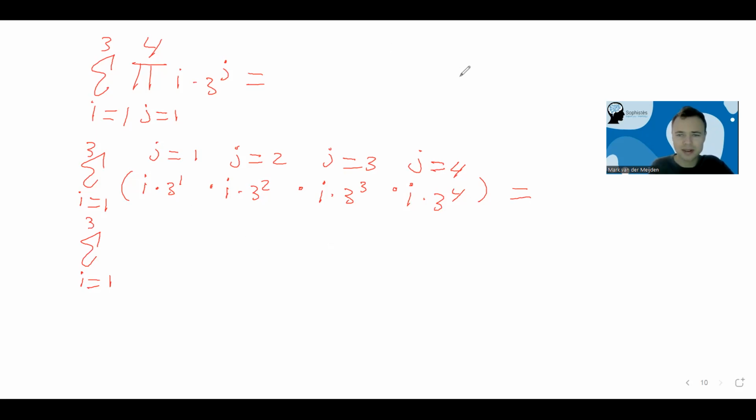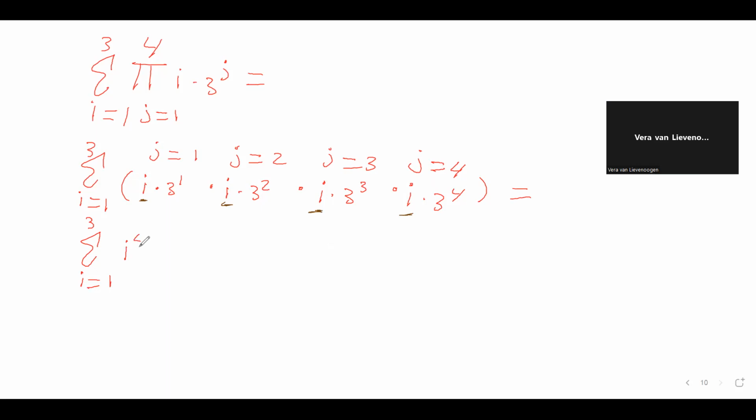Let's see. i times i times i times i. What will that become? i to the 4th. Yeah. And then we have 3 to the power of 1, 3 squared times 3 cubed times 3 to the 4th.